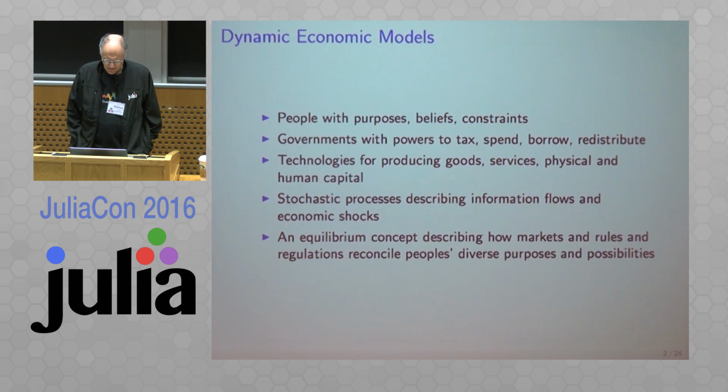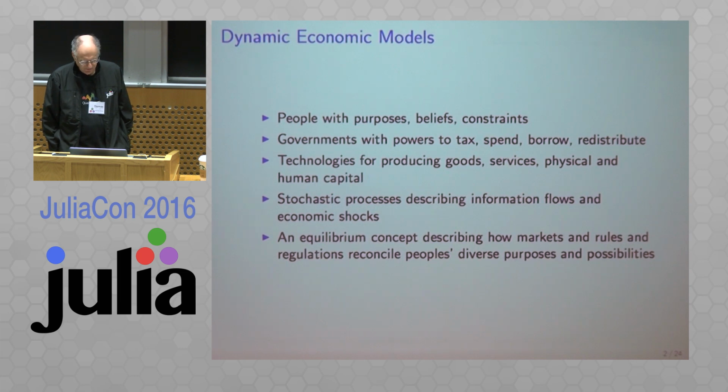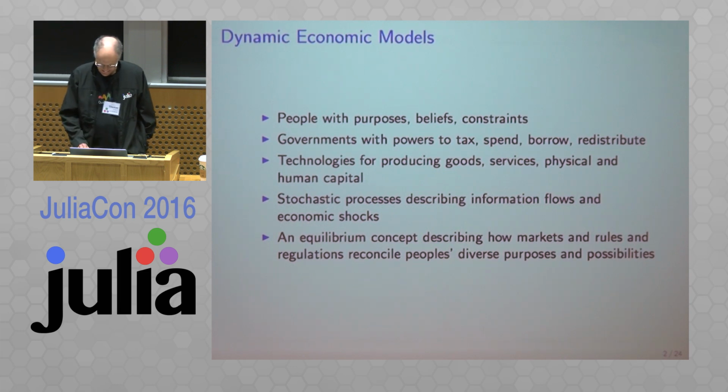That's going to describe how markets and rules and regulations reconcile different people's diverse purposes and possibilities. So our equilibrium concept is going to accommodate constant change and surprises. It's not going to be a system at rest in that sense.